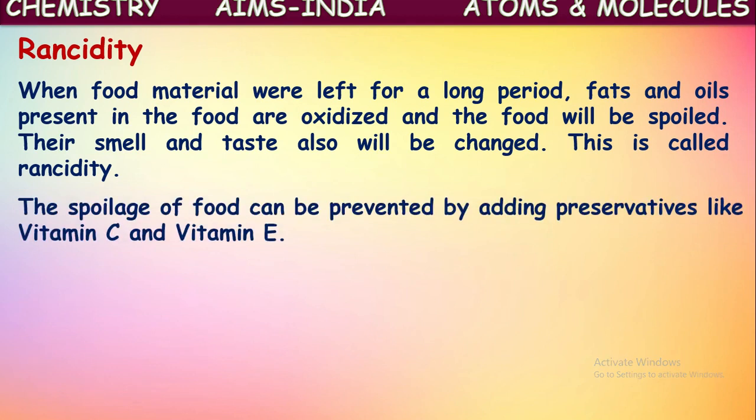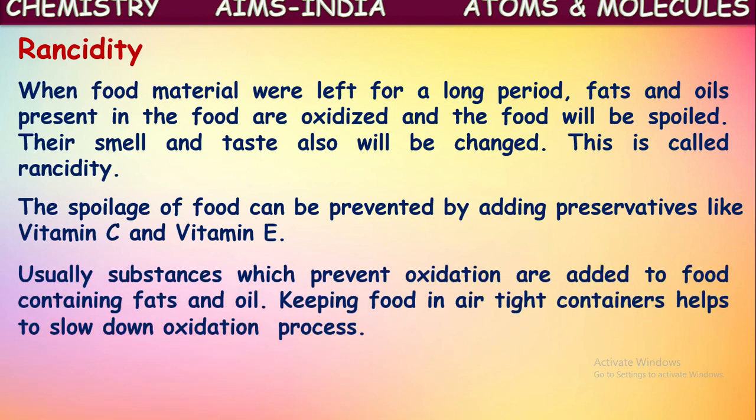The spoilage of food can be prevented by adding certain preservatives like vitamin C, vitamin E, etc. So to avoid rancidity in food materials, they often add these preservatives like vitamin C, vitamin E, etc. Usually, substances which prevent oxidation are added to food containing fats and oils.